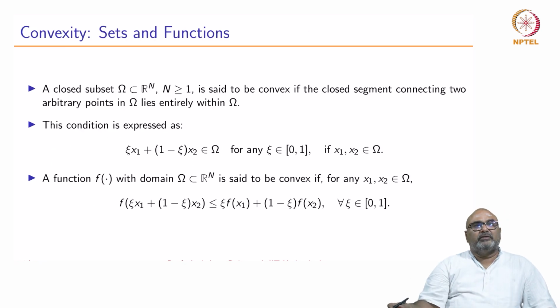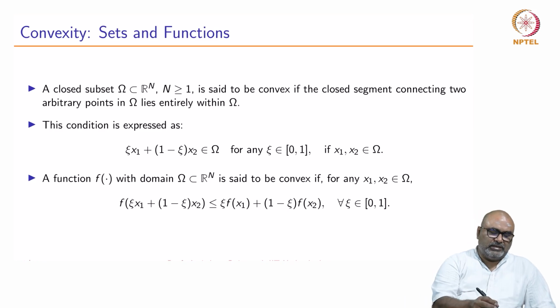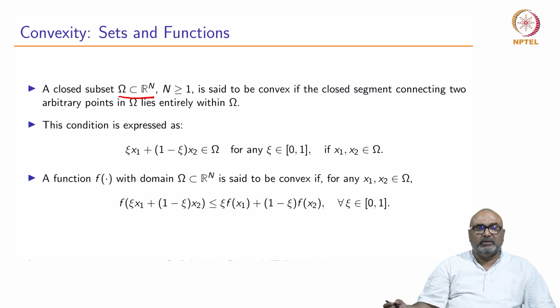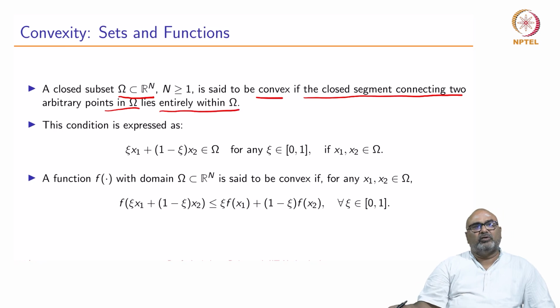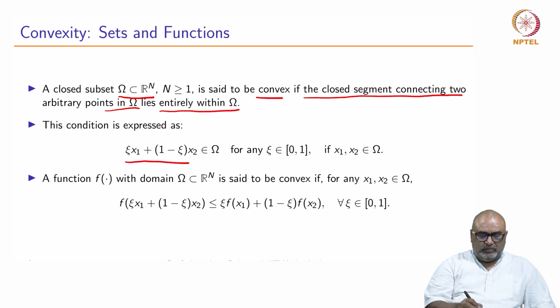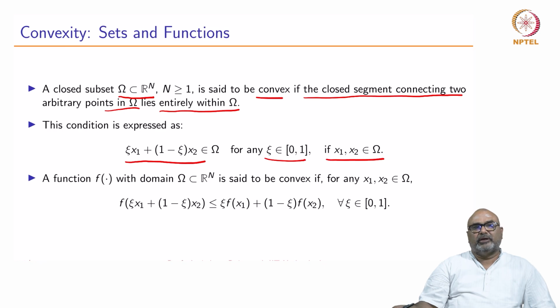So, how do we define convexity of a set? A closed subset omega belonging to the real number space R^n, where n is greater than or equal to 1, is said to be convex if the closed segment connecting two arbitrary points inside the domain lies entirely within that domain omega. This condition can be written as xi times x1 plus 1 minus xi times x2 belongs to omega for any xi belonging to 0 to 1, where x1 and x2 are two points which belong to omega.